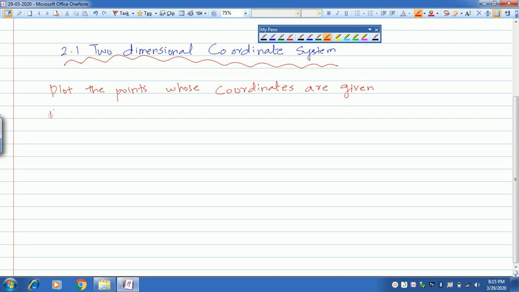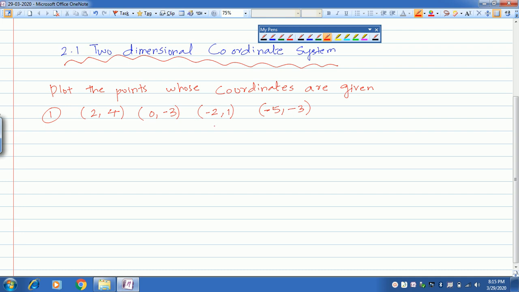Number 1, first 2 comma 4, the next 0 comma minus 3, and here minus 2 comma 1, and here minus 5 comma minus 3. Now you have to draw the graph of this one.